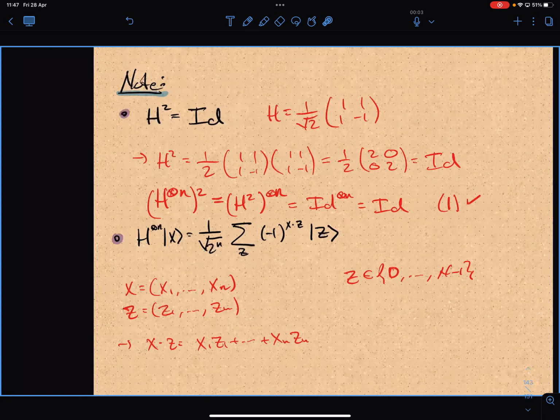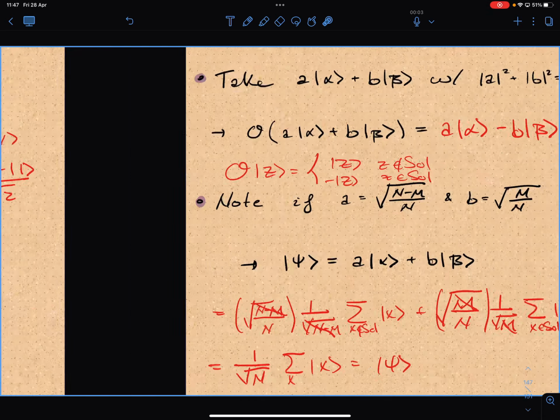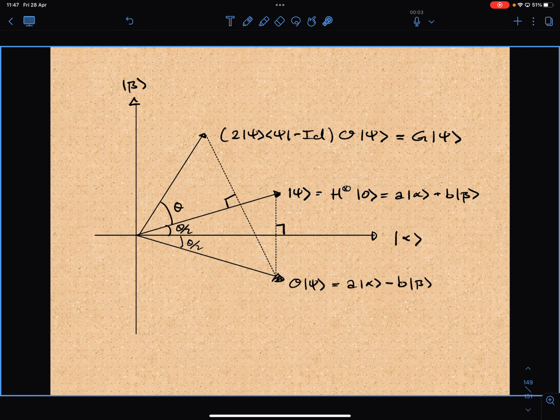So let's go to the geometric interpretation. This is going to be our starting point, psi, which is the operation of the Hadamard gates.